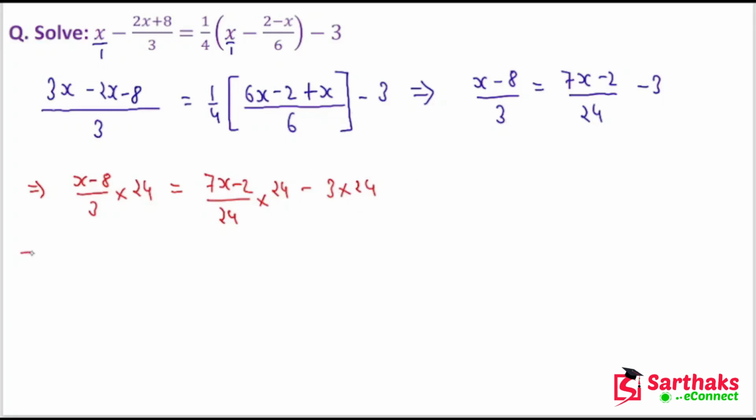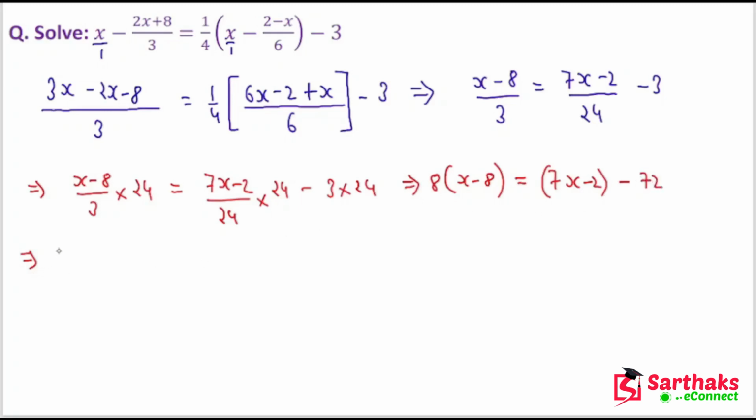With each term we will get 3 will cancel 24 by 8, so here we can write it as 8 into (x minus 8), okay, is equal to, we will cancel 24 on both the sides, on numerator and denominator, sorry, so we will get 7x minus 2, and here we will have 24 into 3, that is 72.